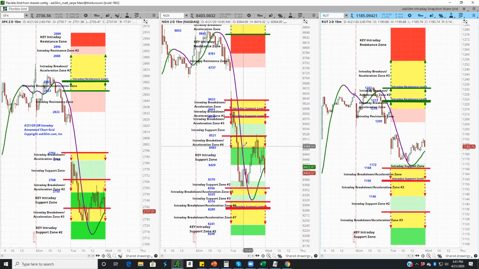Actually, no. Just again the comment of how this screams out if you're a pair trader, which ones to buy and which ones to sell. The strength in the Russell was just crystal clear, as it could not even get into that first acceleration zone on the downside this morning, when the other indexes were just plowing through all of them.